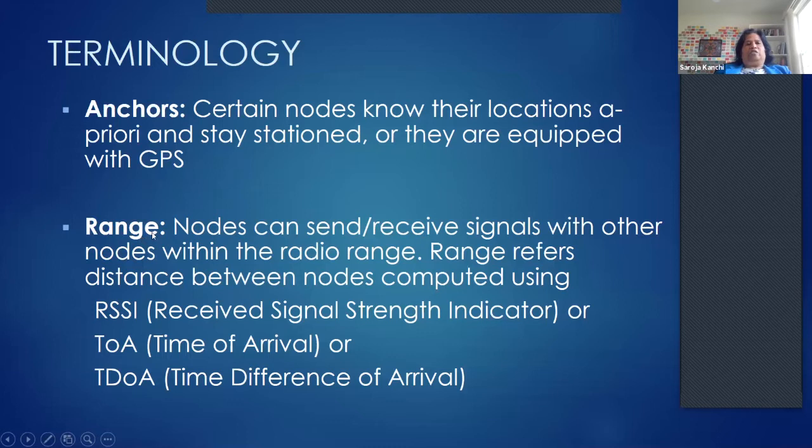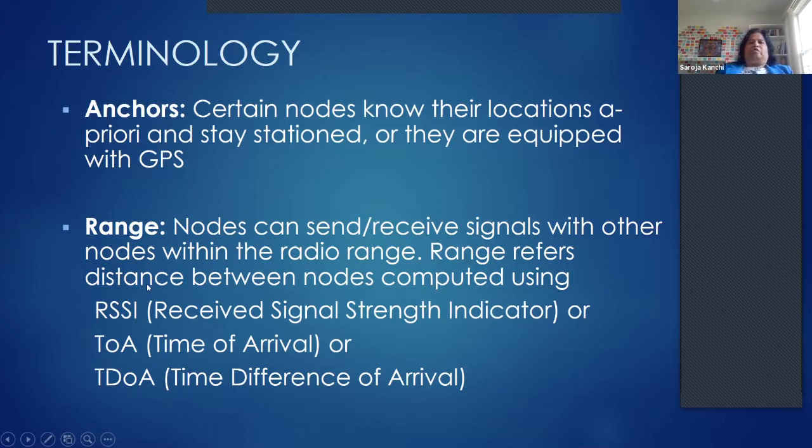A range is a word used to refer to the estimated distance between nodes that is obtained by using the radio range information of the sensor capability. Nodes can send and receive signals with other nodes within the radio range. For the purposes of this discussion, I'm going to assume that all nodes have the same radio range. If they have different capabilities, we could use the minimum, etc., for the algorithm to still be applicable.